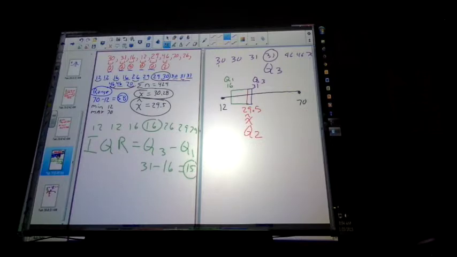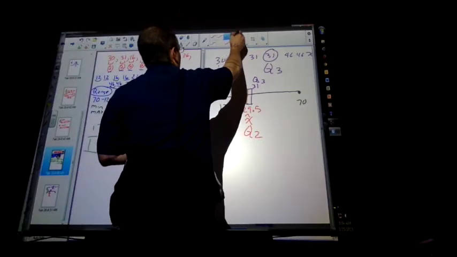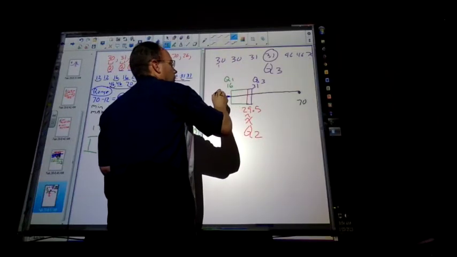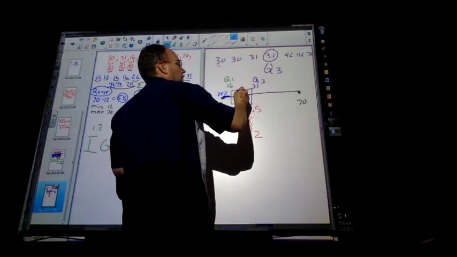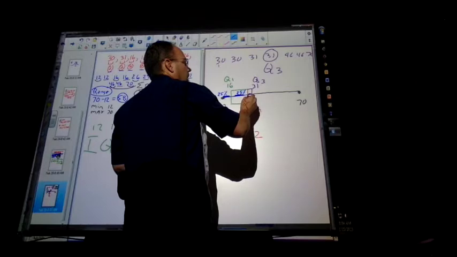So that's a box and whiskers graph. The amount of data that is between Q1 and Q3 is half the data. Okay? So it goes like this. Over here represents 25% of my data. Inside here represents 25% of my data. Right here represents 25% of my data.